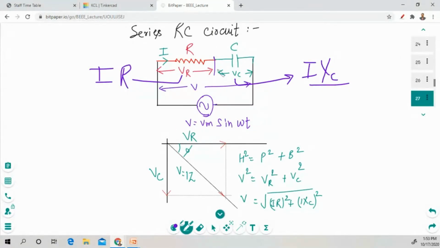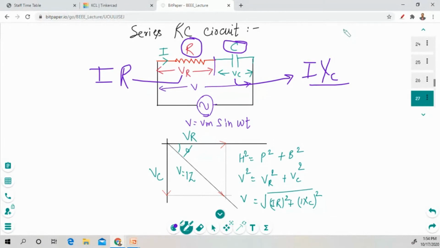Now we have to draw the phasor diagram. As we have seen, in the resistor there is no phase difference. Voltage and current are in the same phase. That's why we have represented VR on the x-axis. Whereas the capacitor has a phase difference between voltage and current.